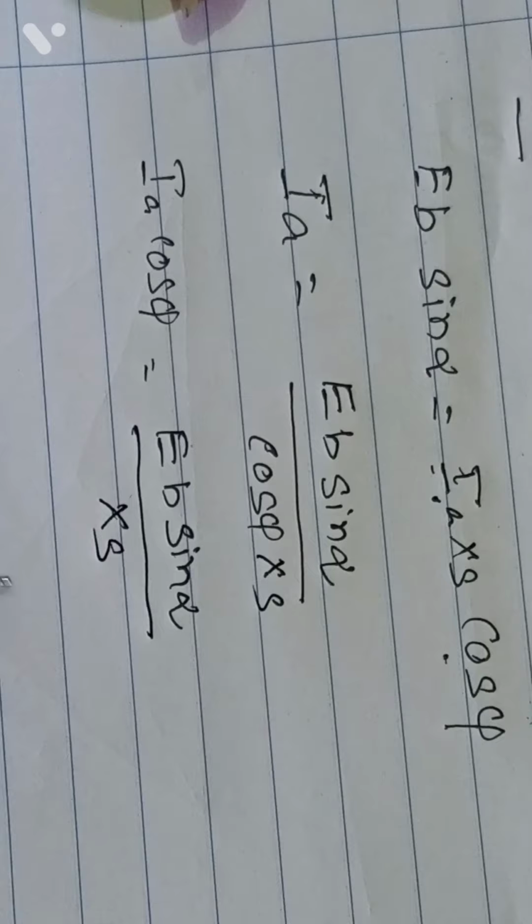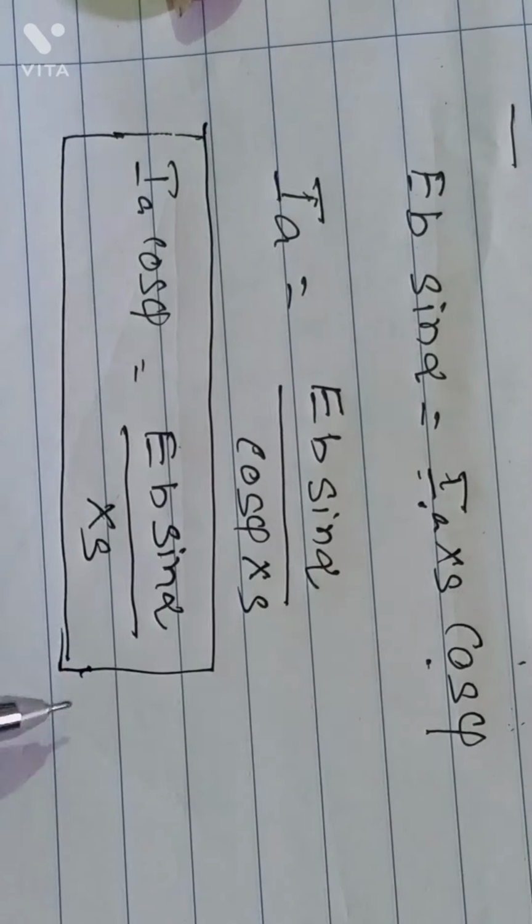It is your XS. Now you find out IA cos phi. This is our interested answer.